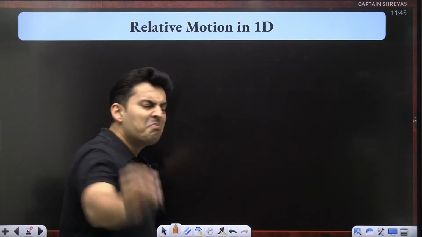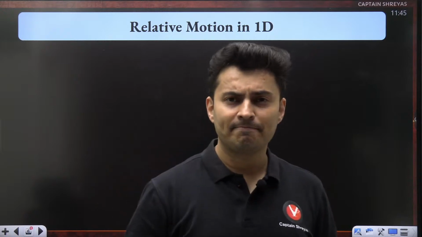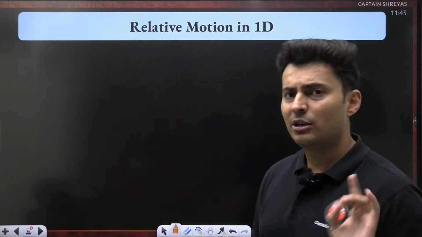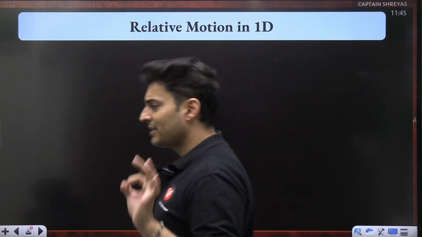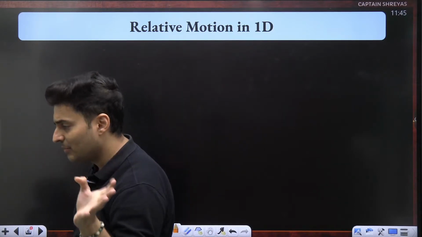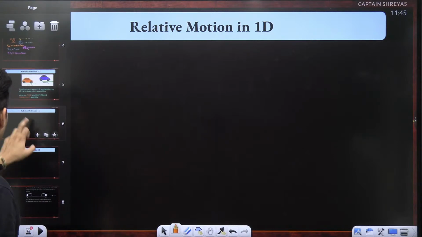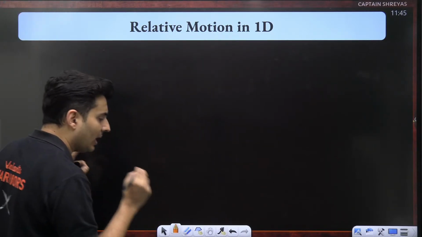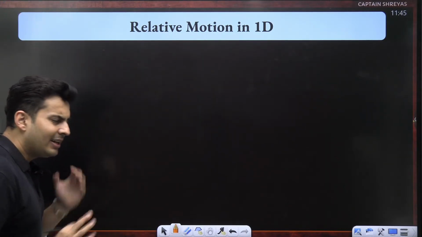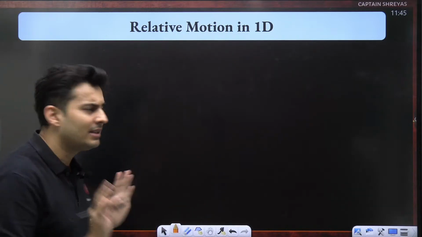See, I'll tell you one simple trick to find out what is the velocity of one thing with respect to the other thing. See, there are two things. Are you trying to find speed or are you trying to find vector? When you're trying to find speed, it is actually very easy.